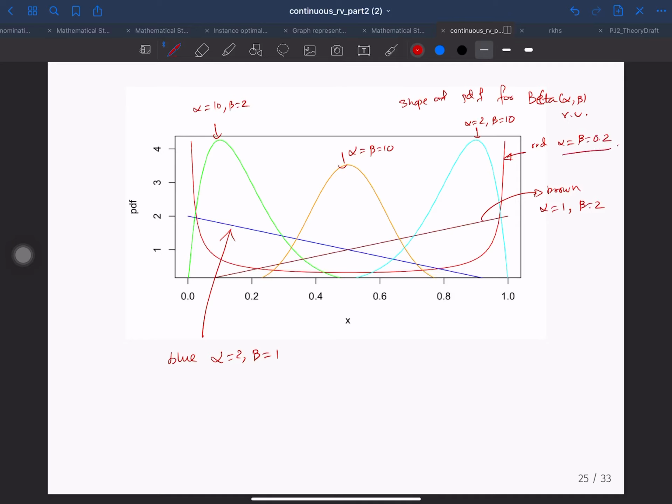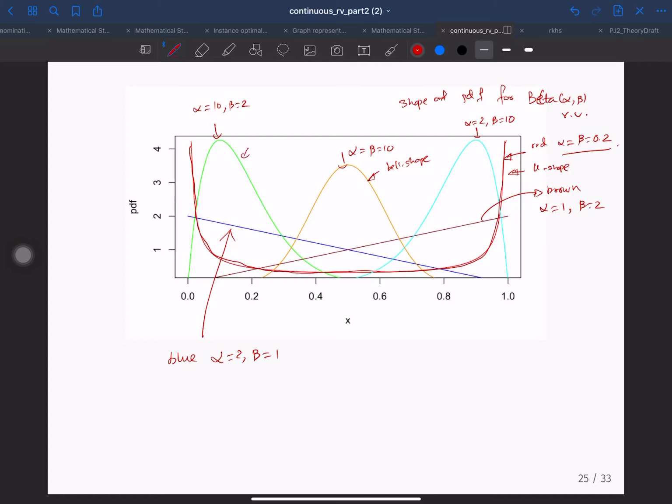So we see the varied shapes. The red here is a U shape. The orange is bell shaped, which looks kind of like a normal.